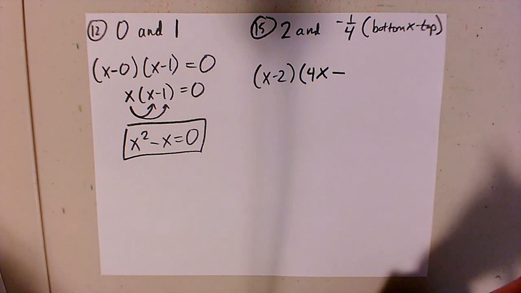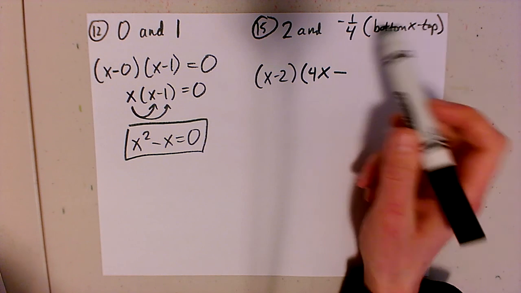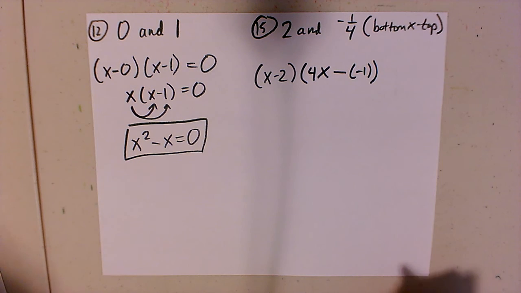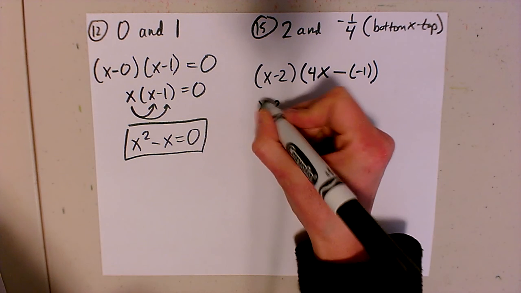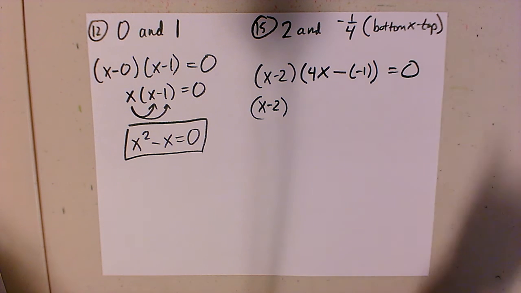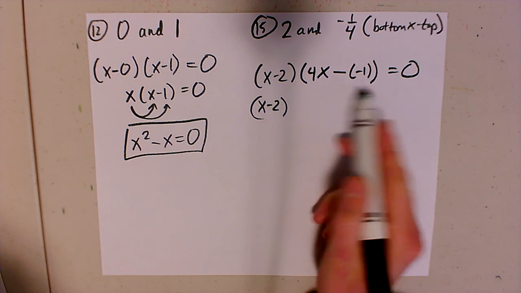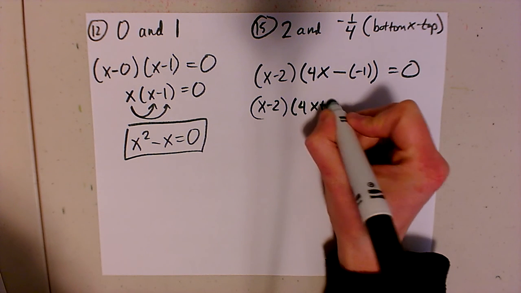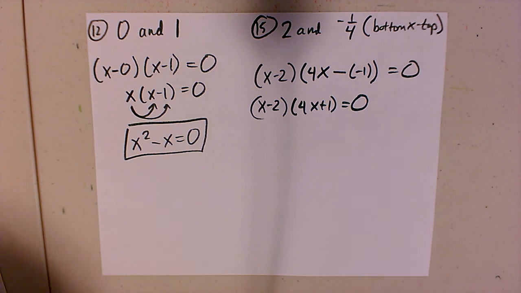Well, so minus is part of the format, or the skeleton, and then the top is a negative 1, so we've got to throw in that extra negative. So now we're going to have x minus 2, whoops, and I forgot, that should be equal to 0. And then this set of parentheses, we can simplify our double negative, and that becomes 4x plus 1.